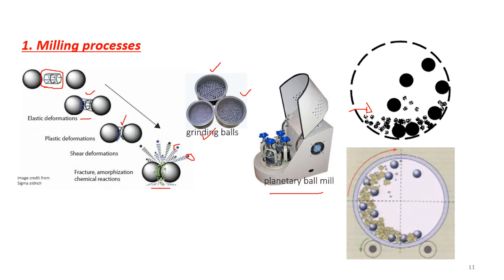These are the nanoparticles created from the bulk material. So this is how the planetary ball mill, or a milling process, works. This is a small compact machine made to rotate at 15,000 rpm. So this is how the milling process takes place.